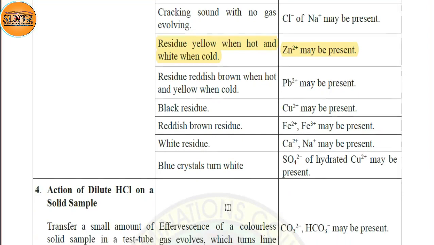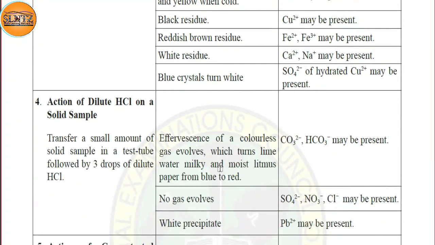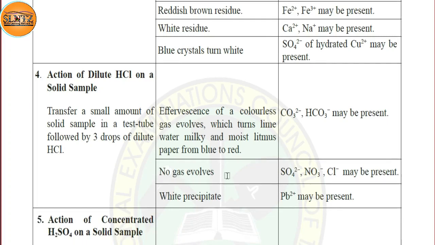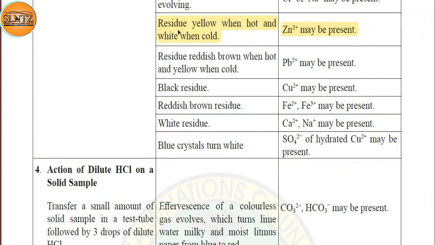Action of dilute hydrochloric acid. You take the solid sample, you put it in a test tube, then you dissolve it in dilute hydrochloric acid. Of course, we are going to see no effervescence because this is not a carbonate, and no white precipitate. This is not lead, because in action of heat, residue yellow when hot is represented by zinc.